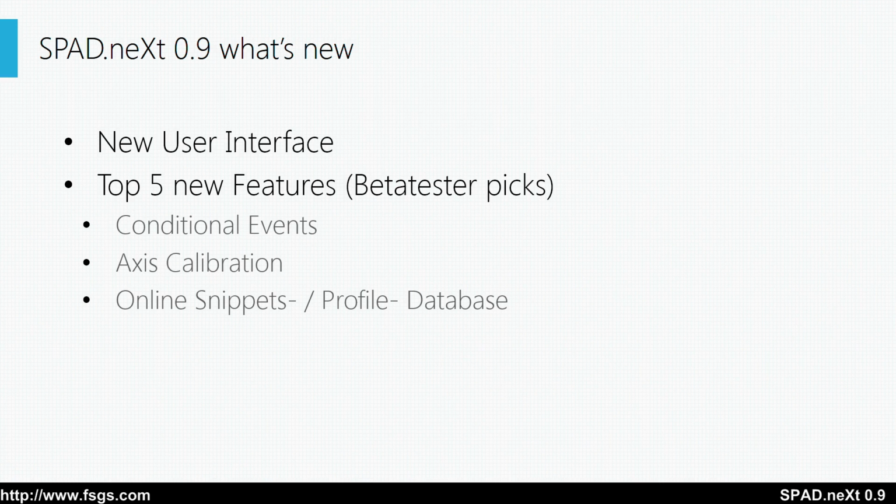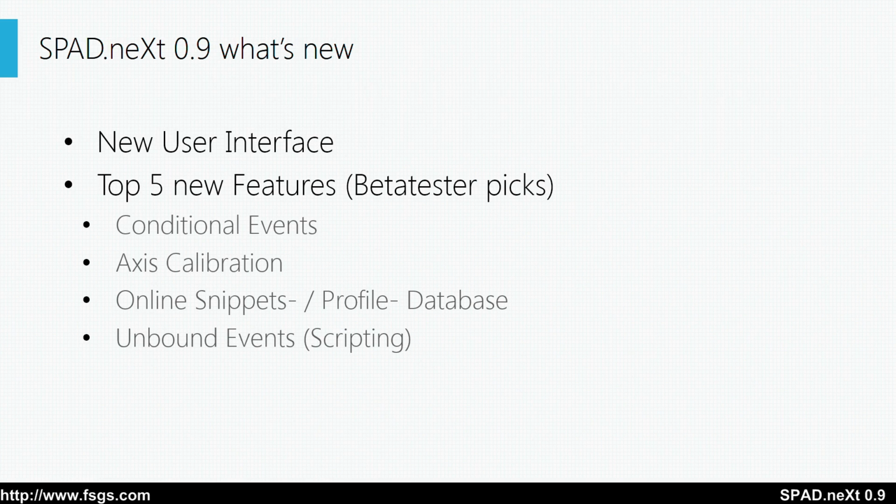Then, long requested, the online snippets and profile database, so you don't need to do everything yourself or look in the forum for a profile for a plane. You can access it online as soon as it has been published.